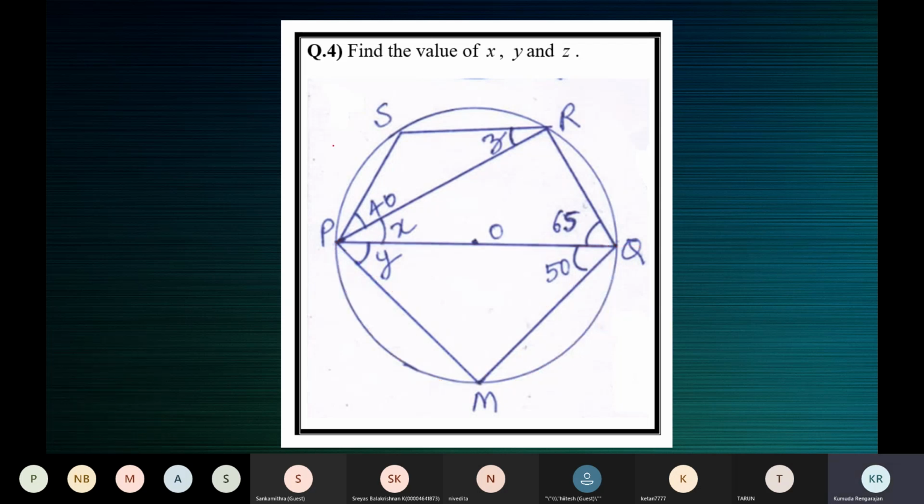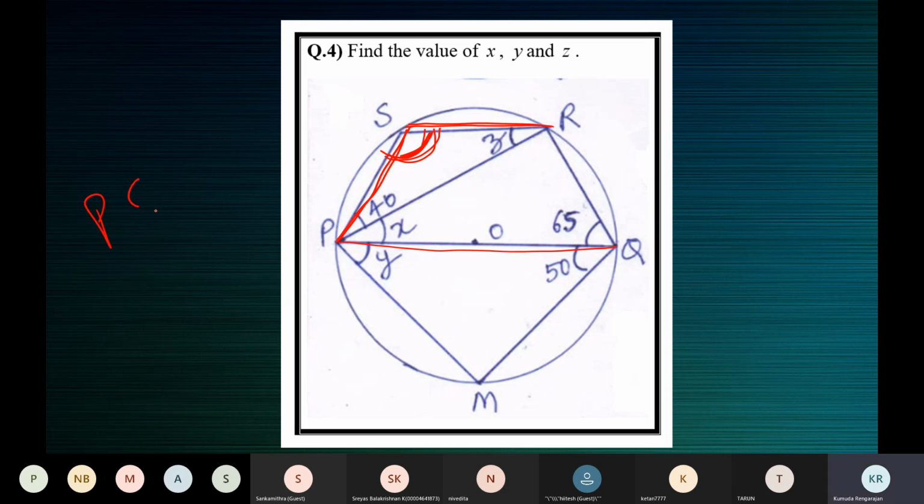Now, this angle is not 90 degrees, children. That's what I'm trying to say. Simply, if you see an angle on the circumference, you cannot say there is a diameter here, and this angle is on the circumference, so this is 90. No. This is not 90 degrees, because this angle is made by PS and RS.